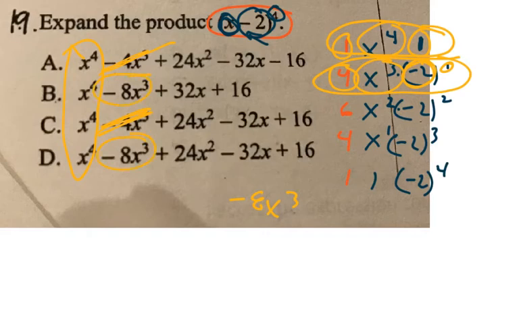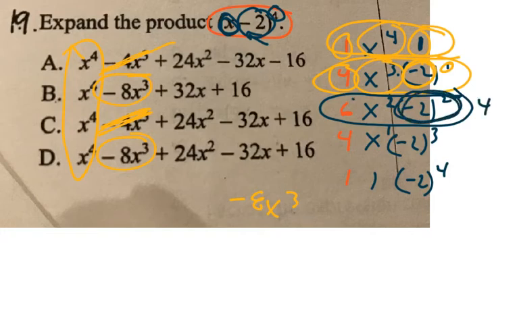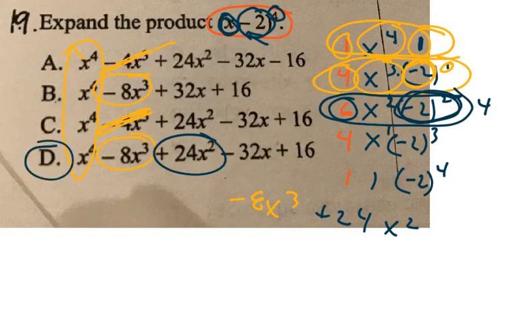What is my third term? Let me go back to black here. I know this right here. Now follow the black. I know negative 2 squared is a 4 times the 6 is a 24x squared. And as you can see, I would normally just stop and pick D. But just for clarity's sake, going back to red, I know negative 2 cubed is negative 8 times negative 4 is my negative 32x there.